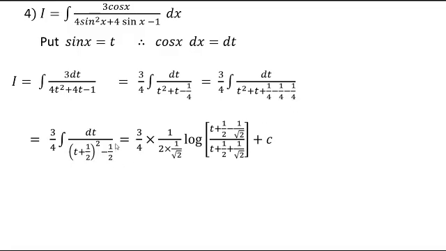So we read it as (1/√2) bracket square. So it is of the type 1 upon x square minus a square. A is 1/√2, so 1/2a, I am reading the formula, log of (x minus a) upon (x plus a). Here our x is t plus 1/2.